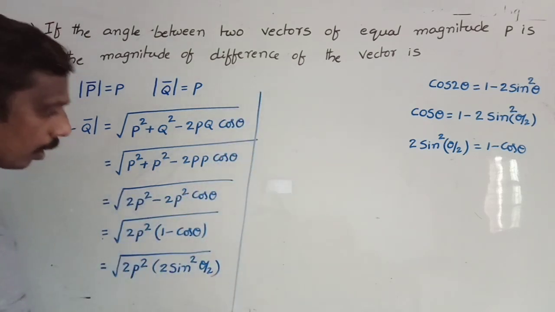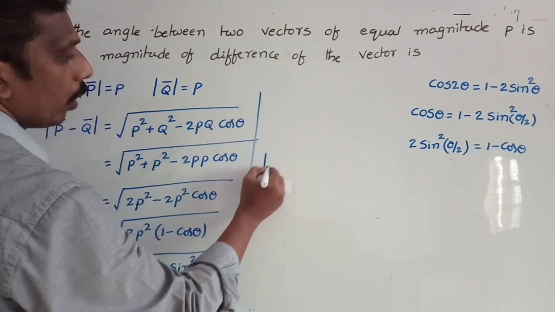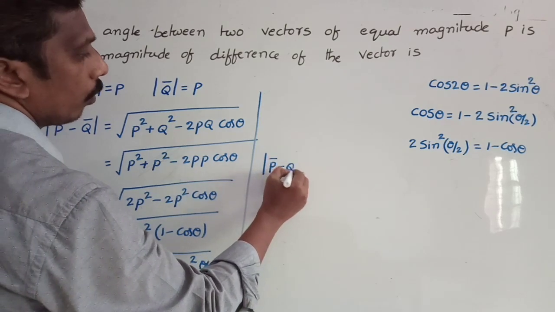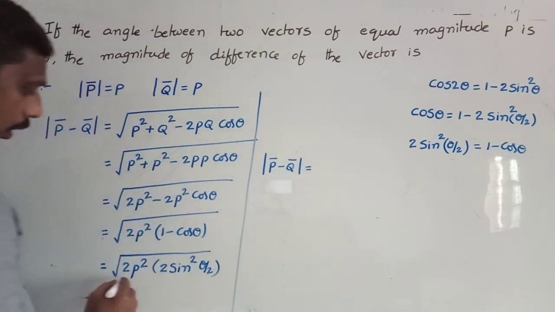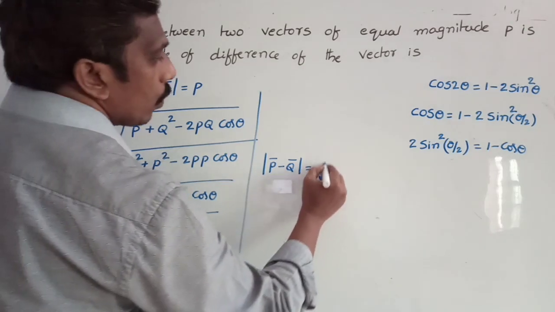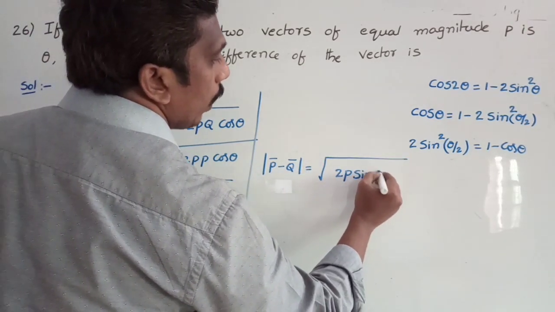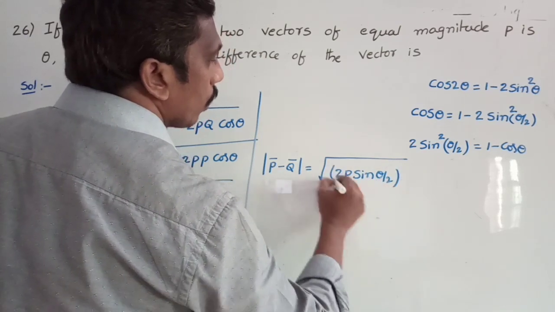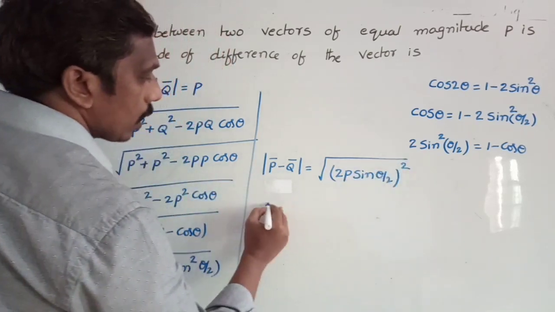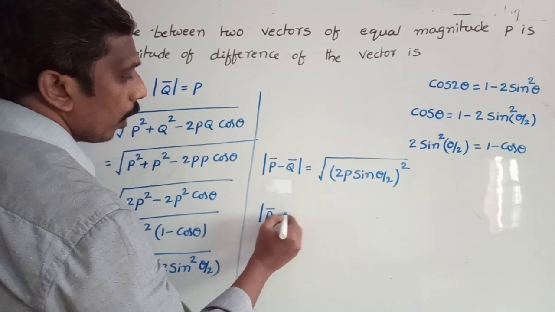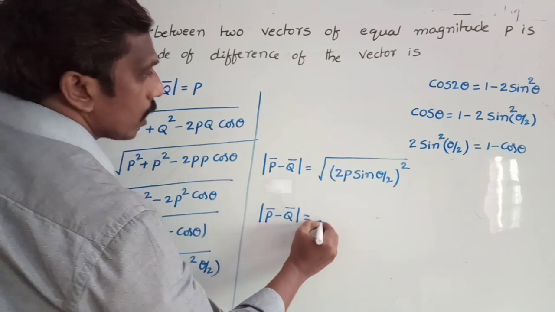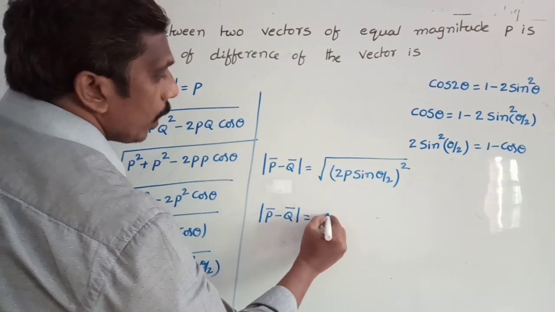From this, magnitude of P bar minus Q bar is equal to the square root of, we can write, 2P sin theta by 2 whole square, the root gets cancelled. Finally, we get the magnitude of the difference of two vectors is equal to 2P sin theta by 2.